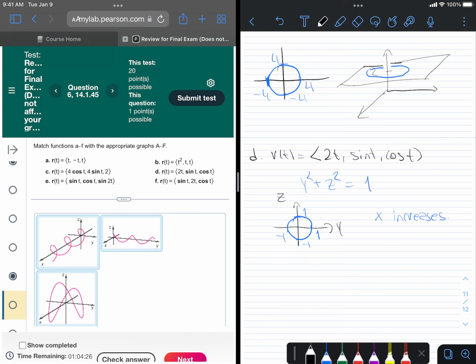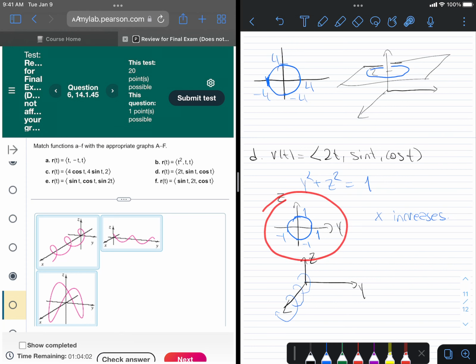So you can definitely see that this is supposed to be some sort of spiral, some sort of helix-looking curve, circling in the yz direction.